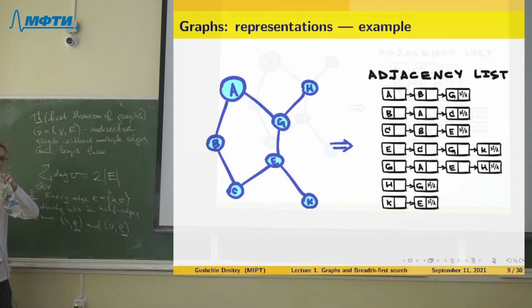So, what is the number of half edges? Can you use another letter instead of E? Because we already have E. Yeah, they're equal, of course.